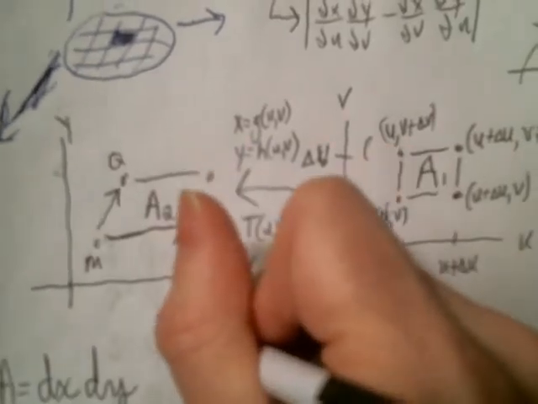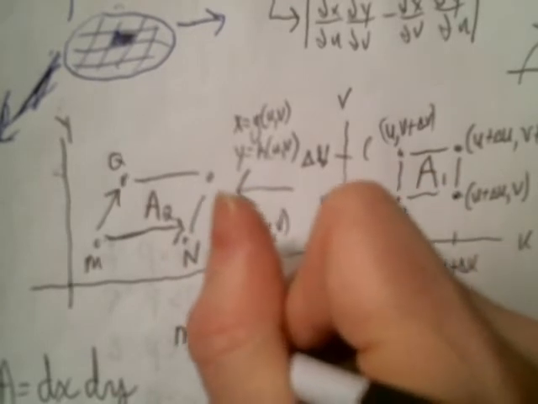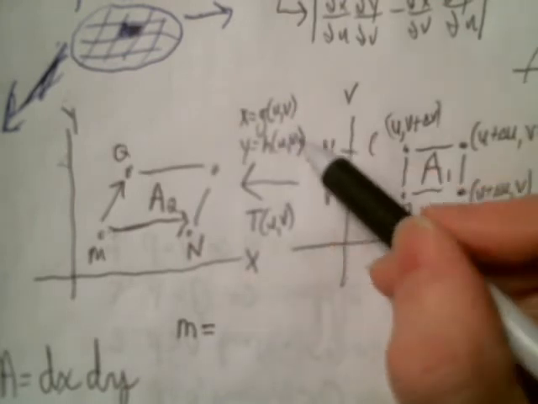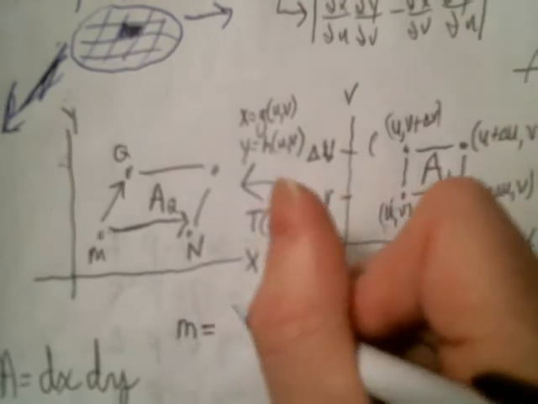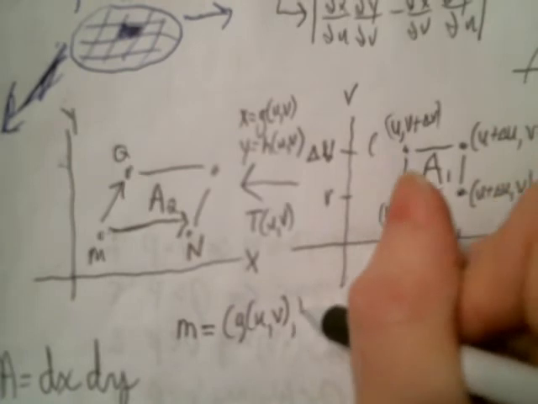So first off, let's just note what M and these guys are as points. M is going to be the point that's the result of transforming this (u, v) using these functions. Okay, so M is going to be G of (u, v) comma H of (u, v).